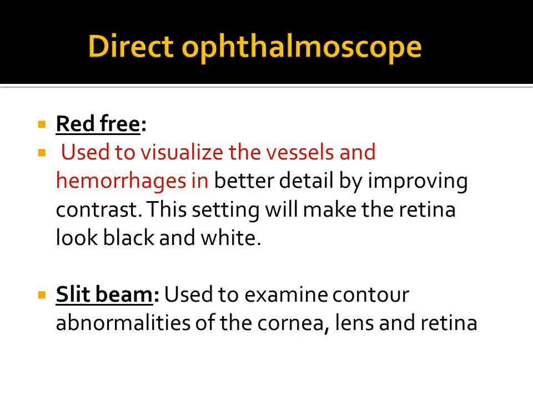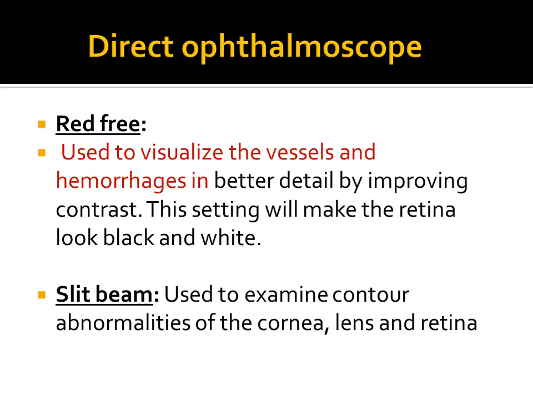What is the use of the red free light? It is used to visualize the vessels very clearly, and the hemorrhages in better detail, by improving the contrast. This setting will make the retina look black and white and gives a very proper visualization.